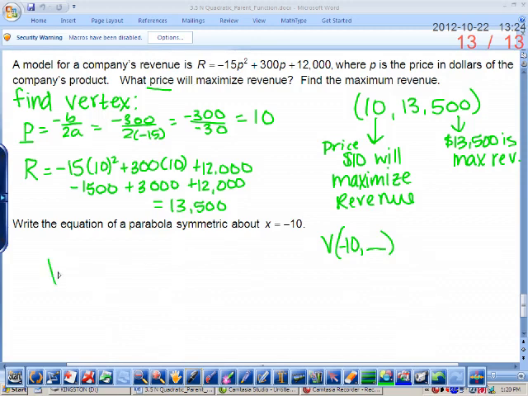So how would I put that into an equation? Okay, I'd use vertex form. Does it matter what my number in front of my parentheses is? Nope, anything could go here. What has to go in my parentheses, though? X plus 10 squared. And then, could I have anything out here? Yeah. These can be anything you want. All that matters is the inside.